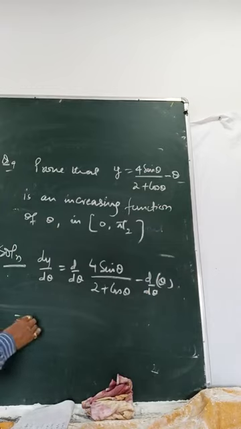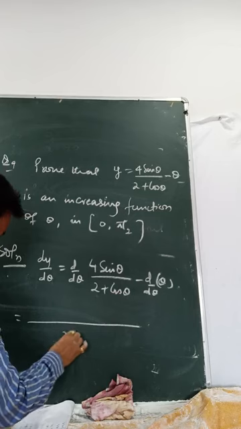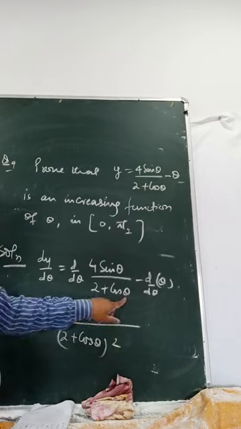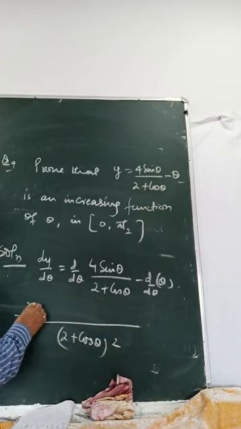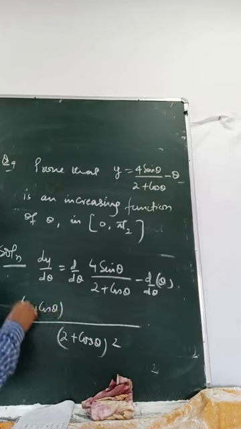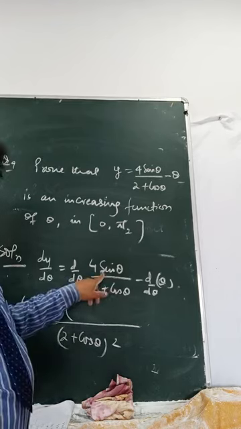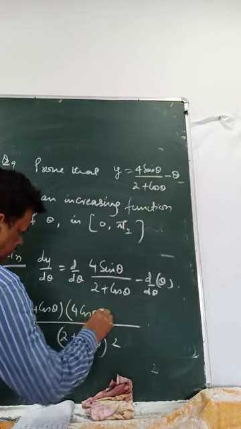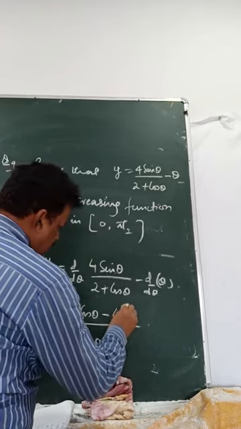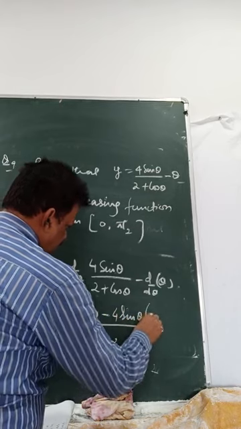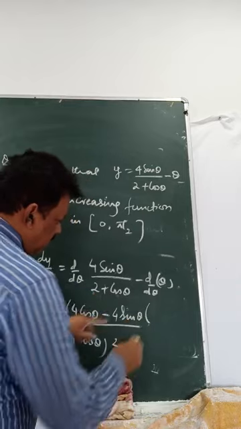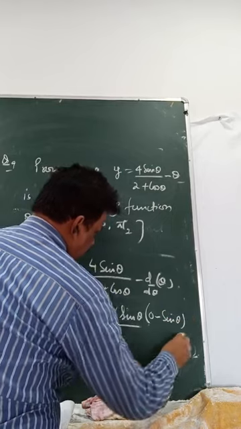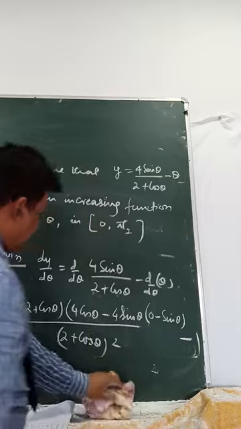Okay, this is 2 plus cos theta whole square, square of denominator, then denominator times derivative of numerator. 4 sin theta derivative is 4 cos theta, minus 4 sin theta, derivative of denominator 2 minus sin theta, minus theta's derivative 1.